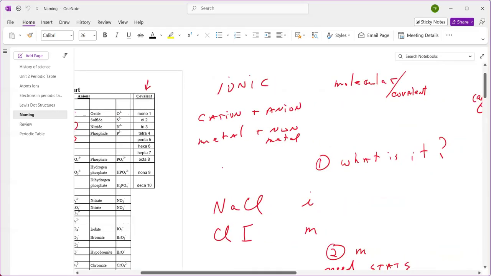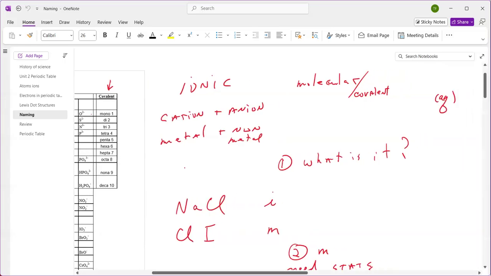Now, ionic compounds always have a cation and an anion. Always. Sometimes teachers or books will refer to them as a metal plus a nonmetal. I remember from the periodic table, the periodic table has the nonmetals in the top right, and most of the table are metals.